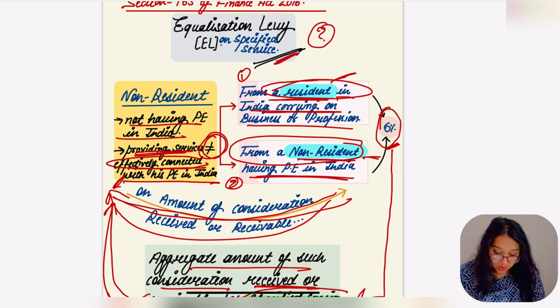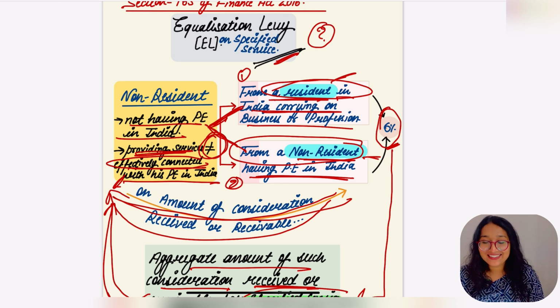Again, if a non-resident is providing specified services. Is it clear? The non-resident is providing specified service to whom? To the resident, right? And to the non-resident, right? The resident is carrying on business and profession from that specified service.